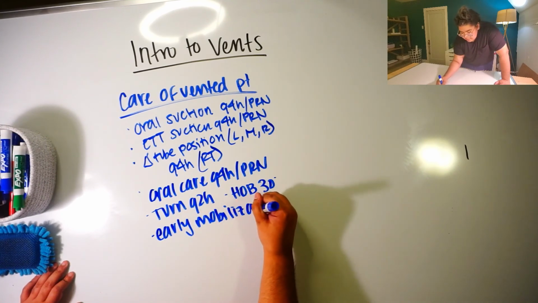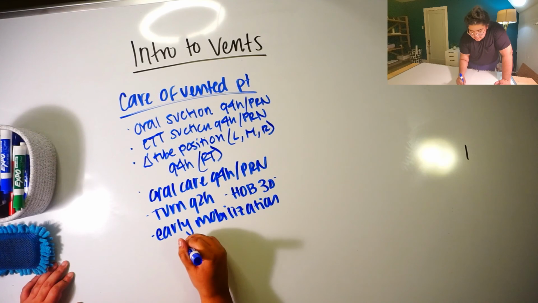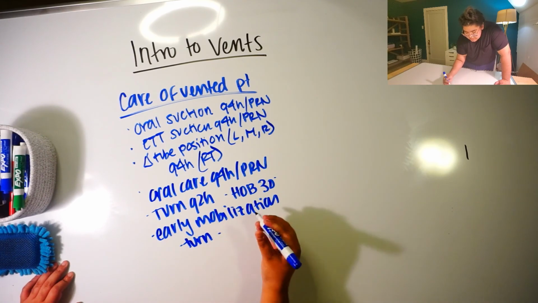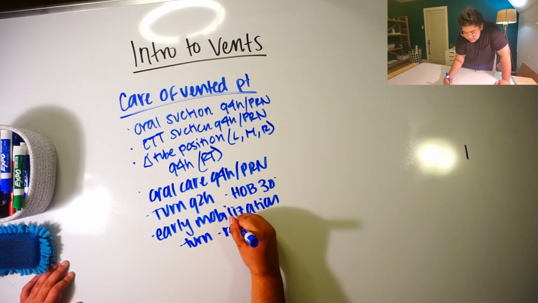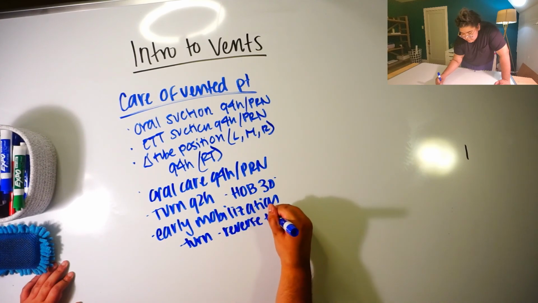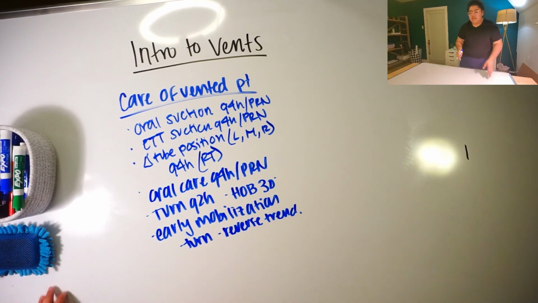So basically that means we turn and then we're going to put them in reverse Trendelenburg. This is going to allow for the blood flow to go towards the bottom, towards their legs. And so whenever they eventually need to get extubated and get out of bed, their body's already acclimated to blood flow being towards their legs whenever you're just lying flat. That's why it's much harder for you to get up after all this.